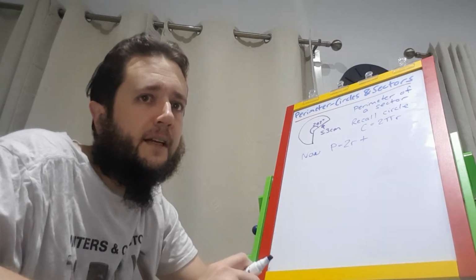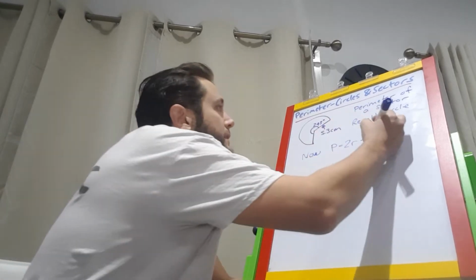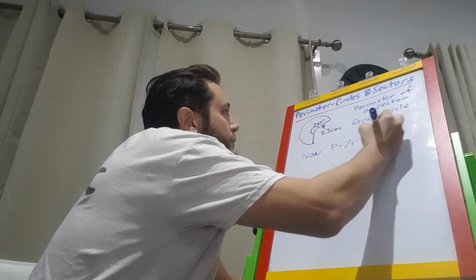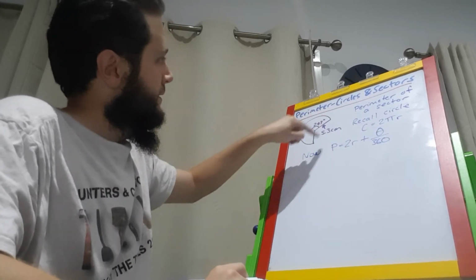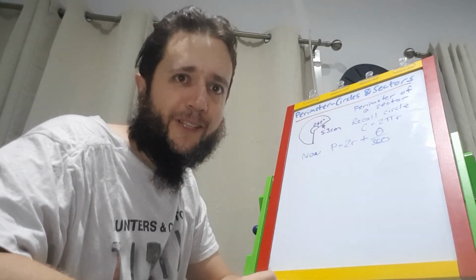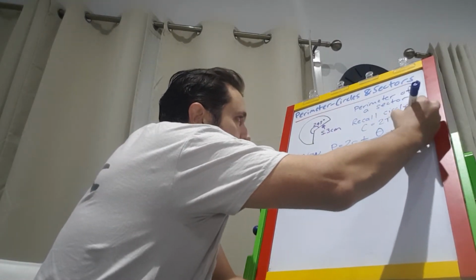So how many degrees are there in a circle? There's 360 degrees, right? It's going to be the angle divided by 360, which gives you the proportion of that outside bit that you need to include, times the old 2 pi r.